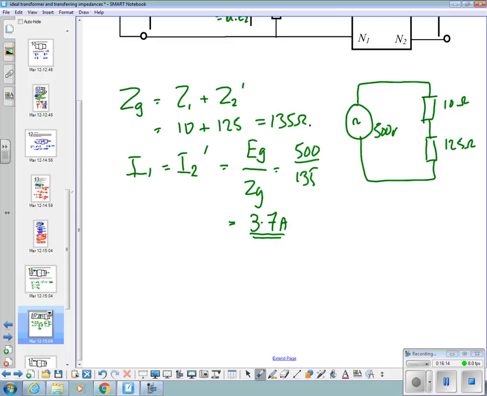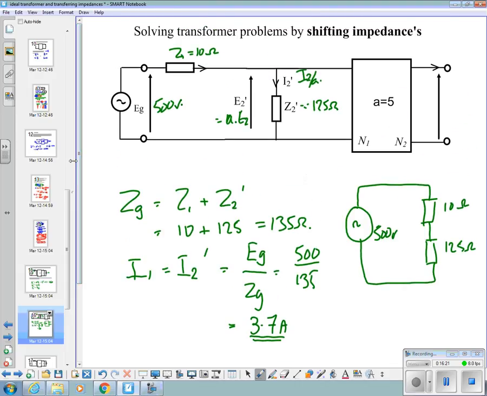What can we find now? So we now know we've got 3.7 amps flowing in the circuit. What else are we aiming to find on the secondary side? Yeah, secondary voltage, aren't we?